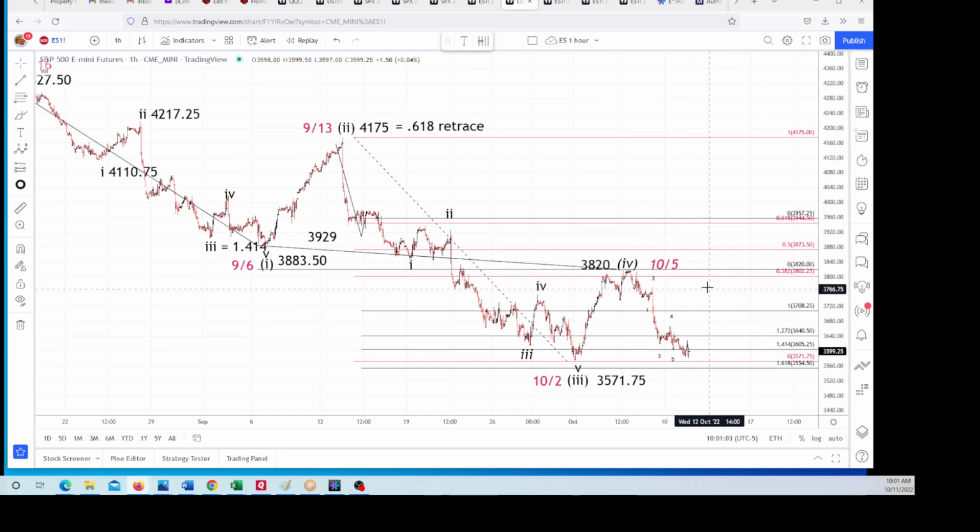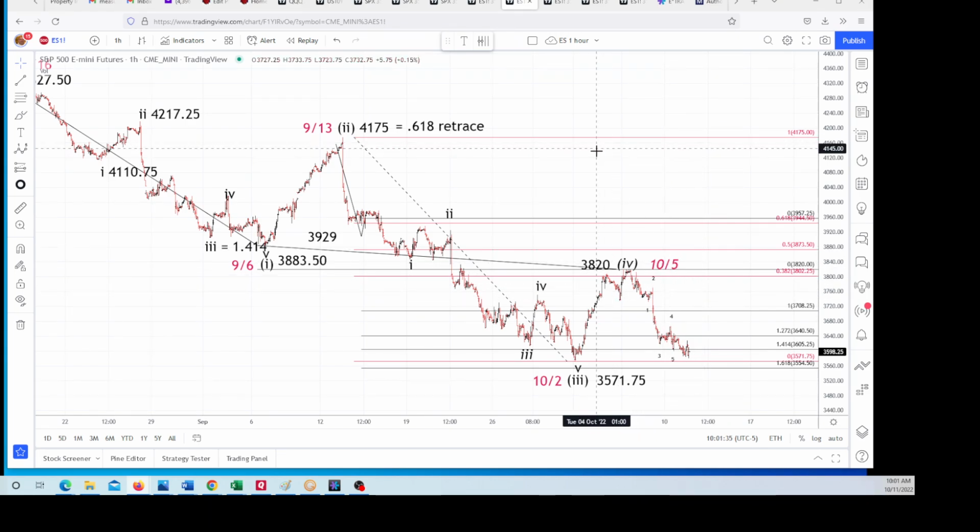We want to allow for that to possibly go up to the 50% at 38.73. 4s are long and sideways by nature, so this could just be A up on the 10.5 high, B down at a double bottom here near the 10.2 low, and then we could get a C up and even a D down and an E up. So we've got to watch that play out, and we want to see this 35.71 low on October 2nd broken to give us confirmation that wave 5 down in parentheses is in play.